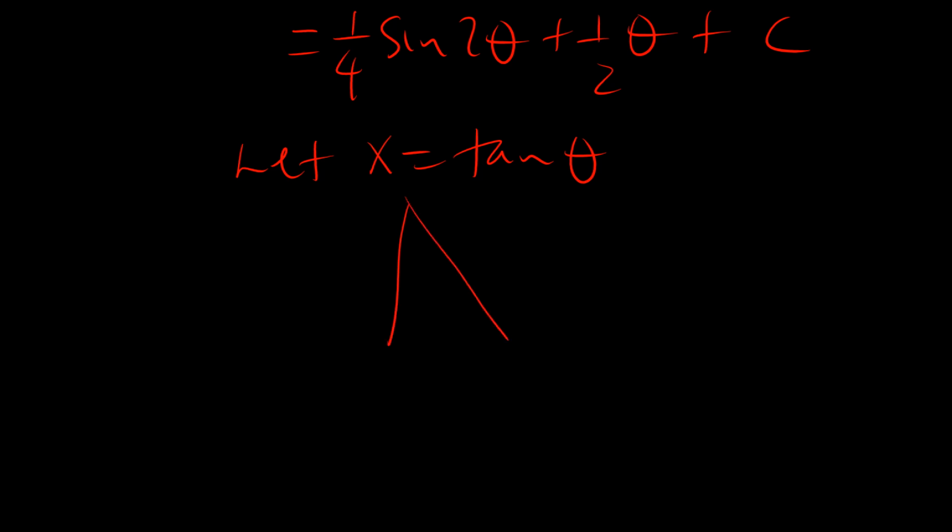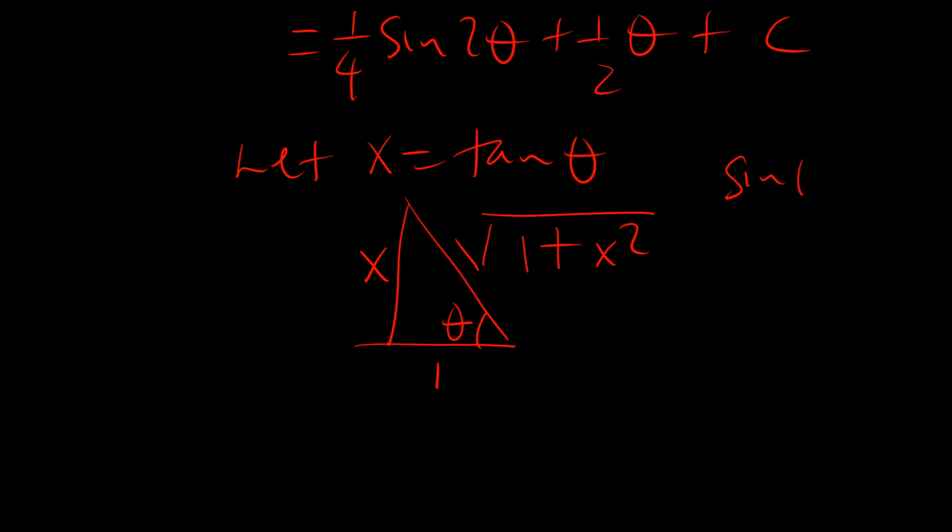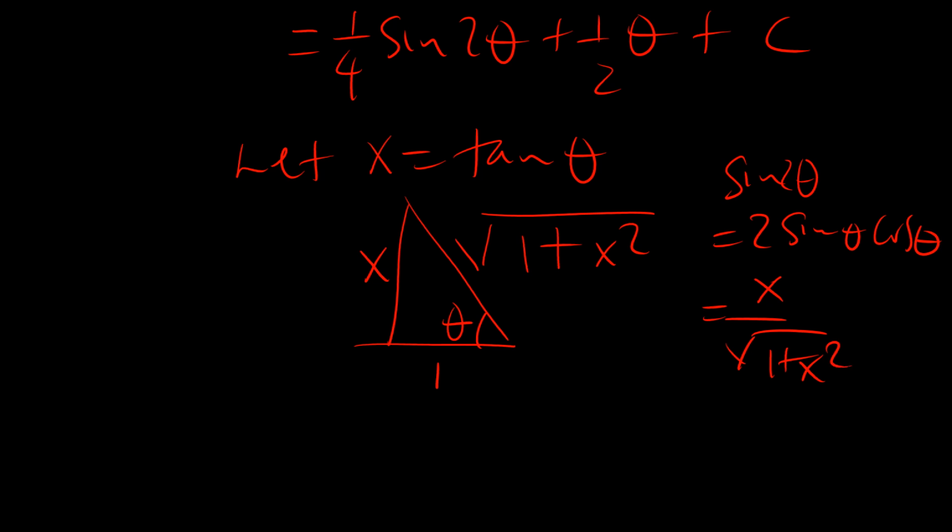What that means is that if we have a triangle here and we have angle theta, since the tangent is opposite x over 1, the hypotenuse becomes square root of 1 plus x squared, so that sine 2 theta is the same as twice sine theta cosine theta, and sine theta is going to be x over square root of 1 plus x squared.